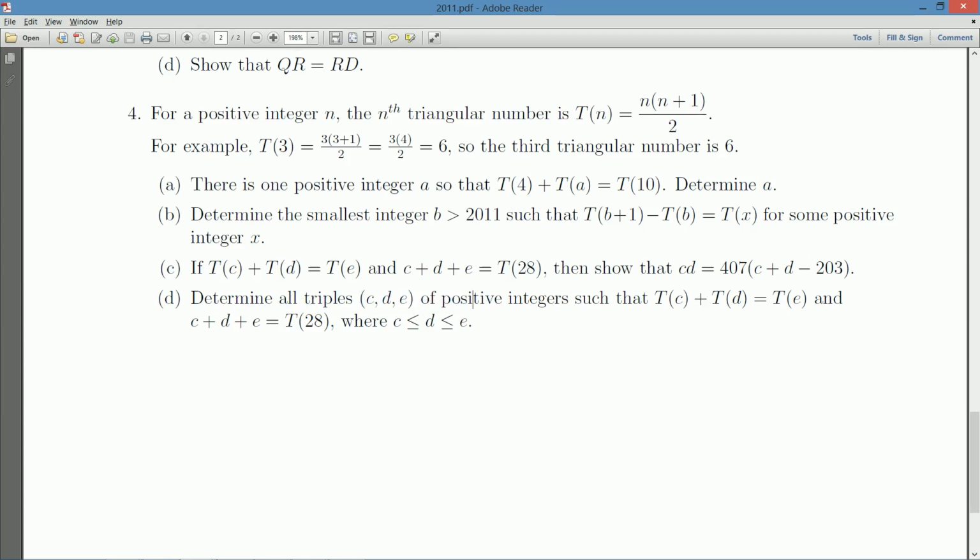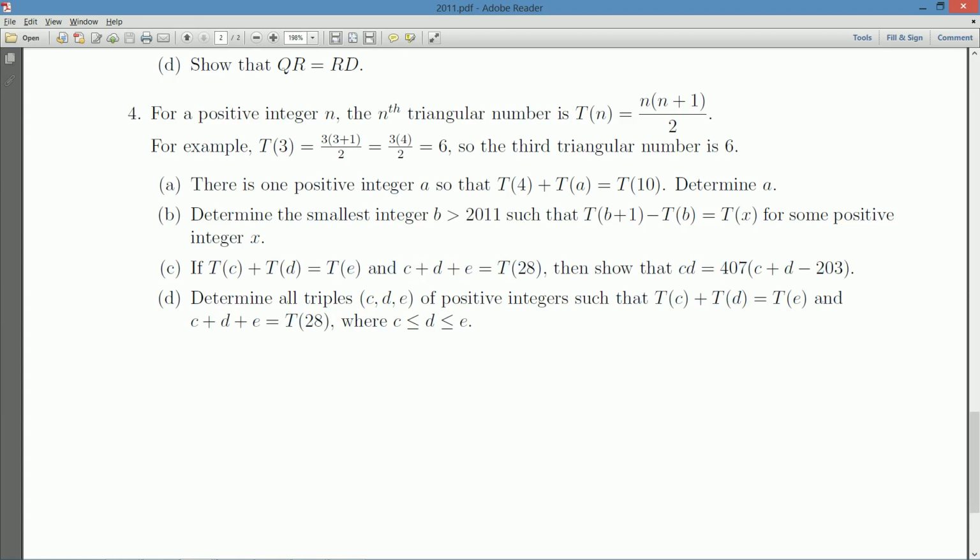Well, I know if I have TC plus TD equals TE and C plus D plus E is T28 that I'll get this condition. If I have this condition, do I necessarily have that these ones are true? Because then I could just find C's and D's that solve this.